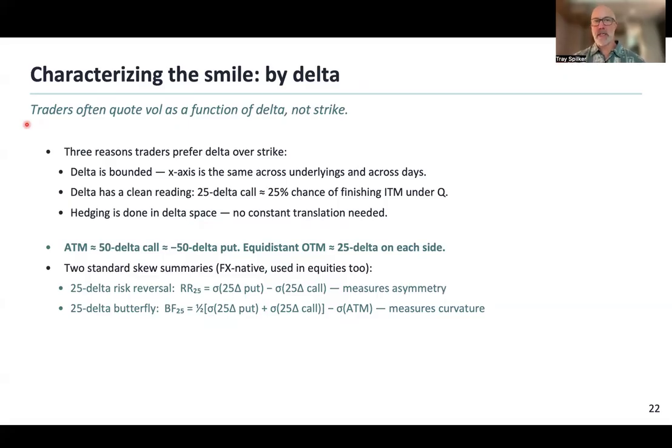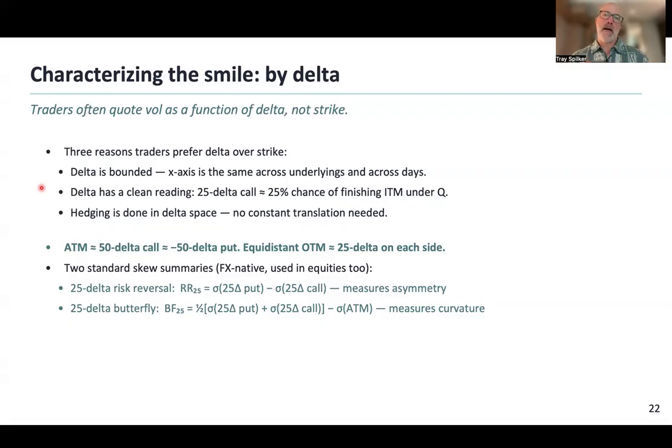So why are we using delta? First reason we're using delta over the strike price is that delta is bounded, right? 0 and 1 for calls, or -1 and 0 for puts. So the x-axis is fixed regardless of the level of the spot. So it's easy to compare across underlying assets and across days.